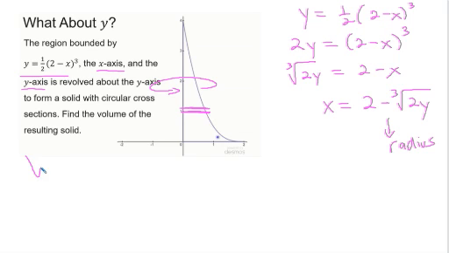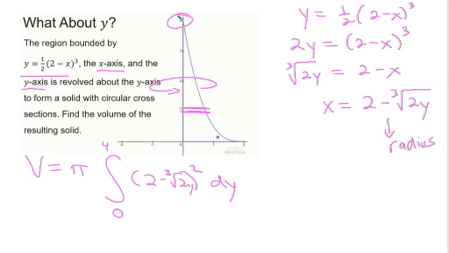My volume is going to be pi times the integral of that radius, 2 minus the cube root of 2y, squared dy. My limits of integration are 0 to 4. And you can see that from the graph, or we could have done it algebraically.